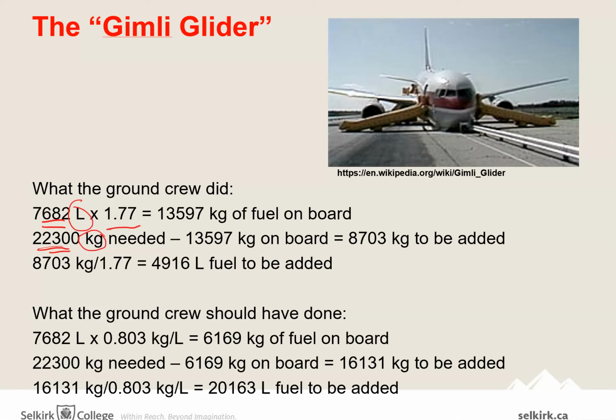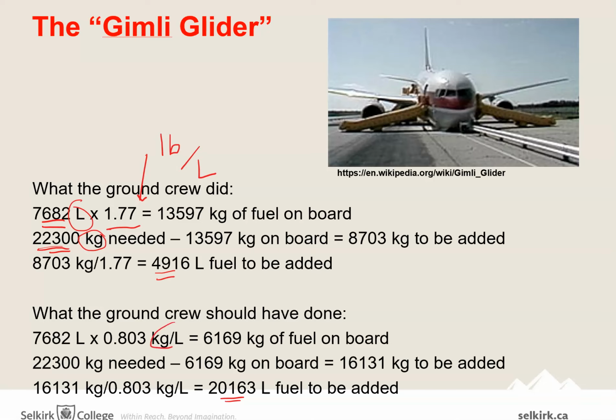So when they worked it out, they worked out that they needed to add only about 5,000 liters of fuel, when really they needed 4 times that much. Here's the problem. The units on that number that they didn't show were pounds per liter, because in the old days before the metric system, people used pounds.